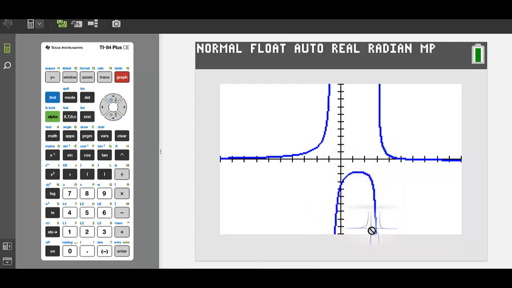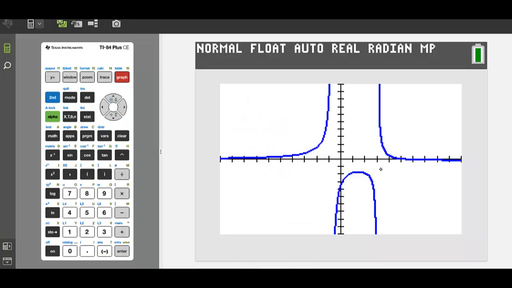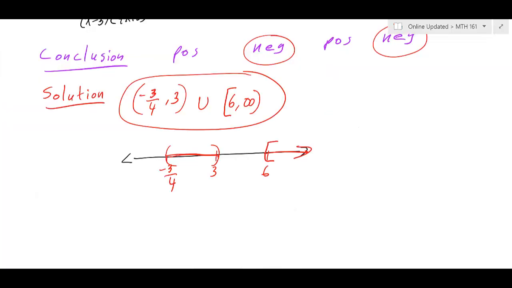And again, this goes down and the graph splits because we have a vertical asymptote. So all the way to 3, and then from 6 to infinity, so 1, 2, 3, 4, 5, 6. So right here at 6, this graph then remains below the x-axis. So that verifies that this is the correct solution.